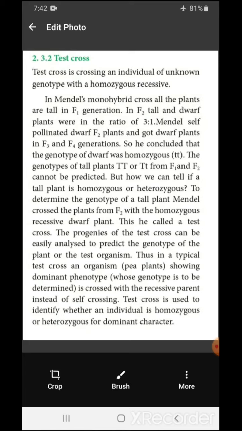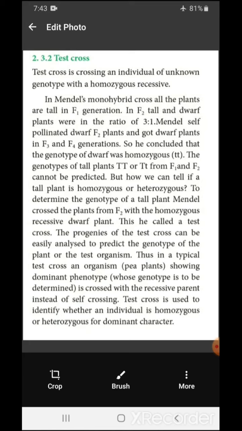Now, Mendel did another experiment. The dwarf plant, small t, obtained in the F2 generation was crossed with a dwarf plant. So, what did we get? All were dwarf plants in every generation. So, he concluded that the genotype of dwarf is homozygous.